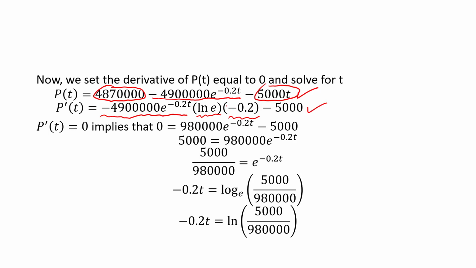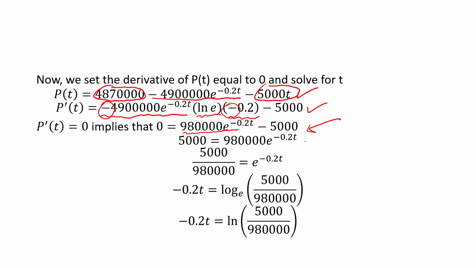So now this negative here and this negative here multiply, they'll become positive. And running that multiplication through, we get 0 is going to equal 980,000 e to the negative 0.2 t minus 5,000. That's what 0 equals.